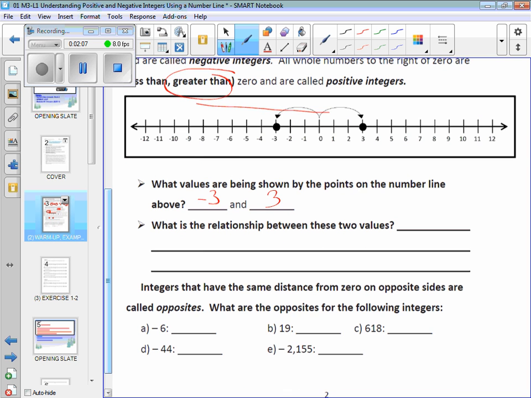Okay, how do we actually determine what's called opposite integers? The two values are the same distance from 0, but in opposite directions. So I'm going through this kind of quickly.